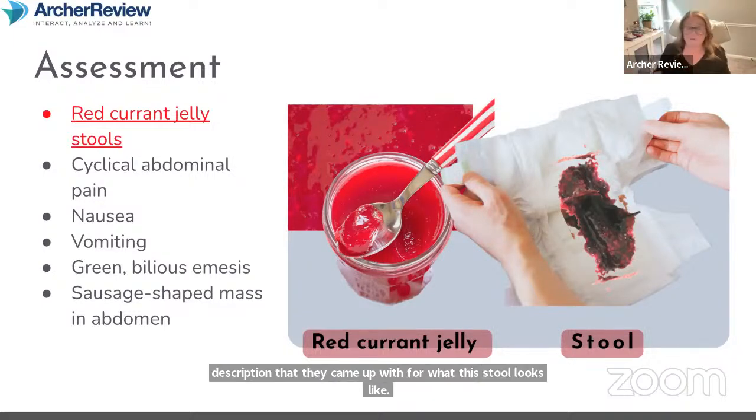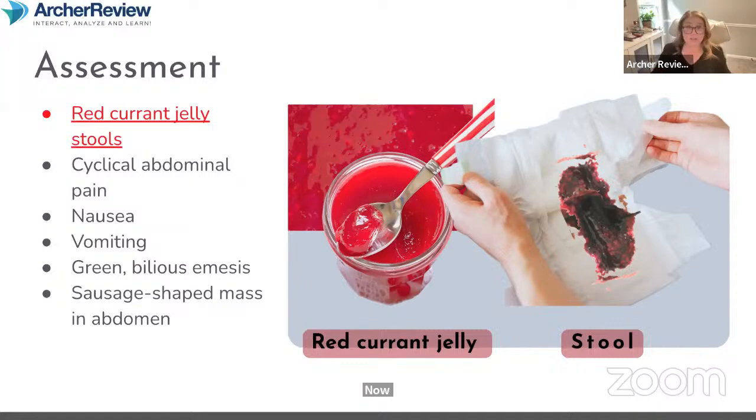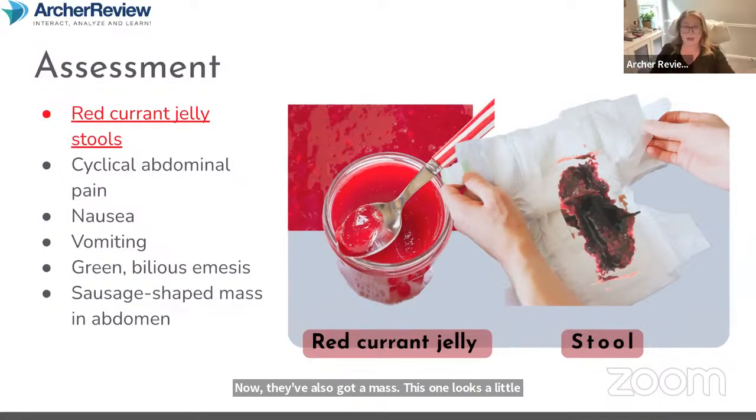Now, they've also got a mass. This one looks a little different because it's where those intestines are doubled up on each other. So this is a sausage-shaped mass. And the location of that will depend on where the intussusception is. If it's at that classic location, it'll be in the right lower quadrant.